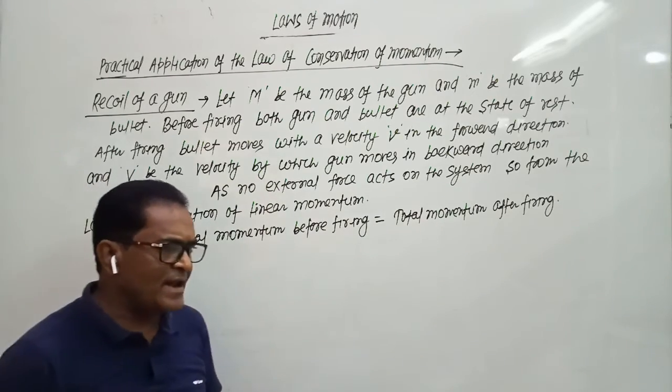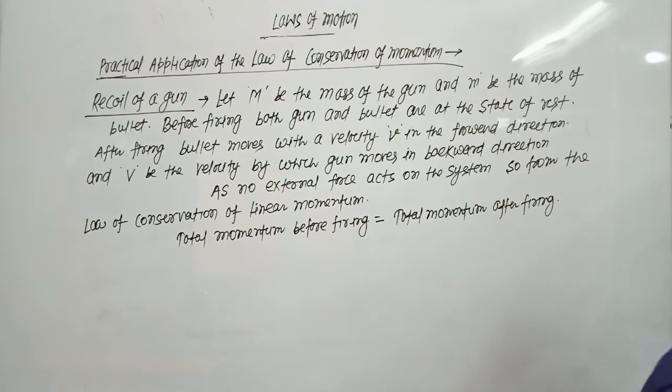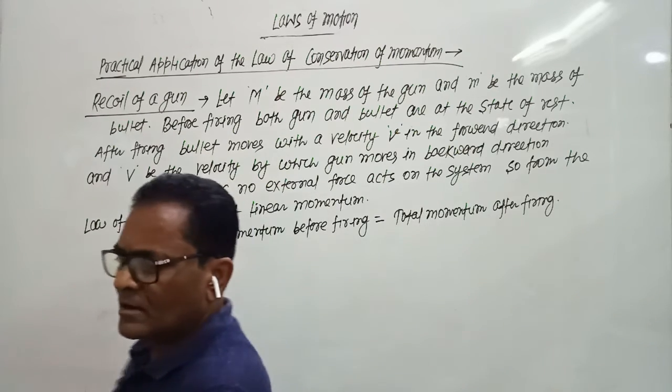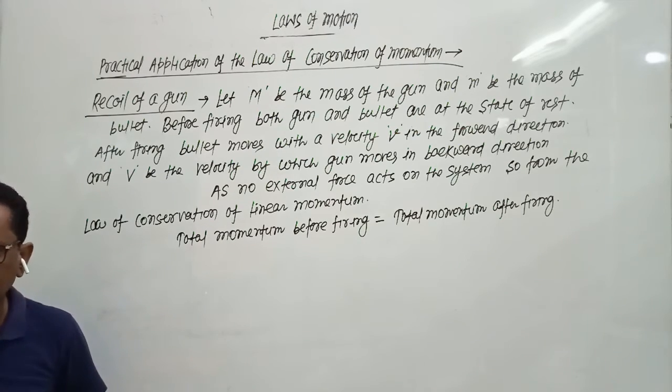Before firing, the system is at rest, meaning bullet and gun both are at rest. Rest means its velocity is zero.